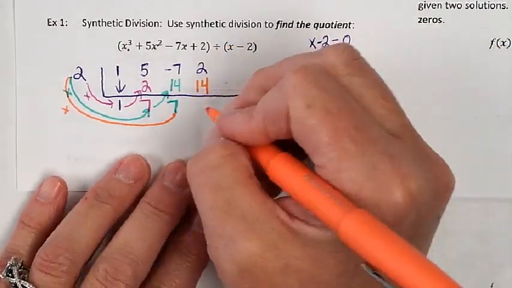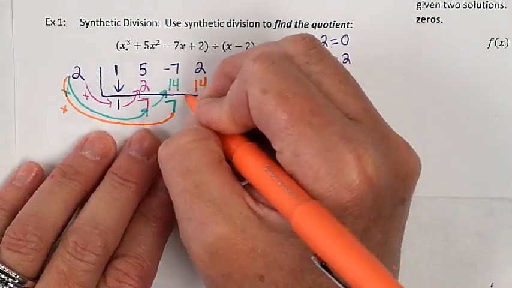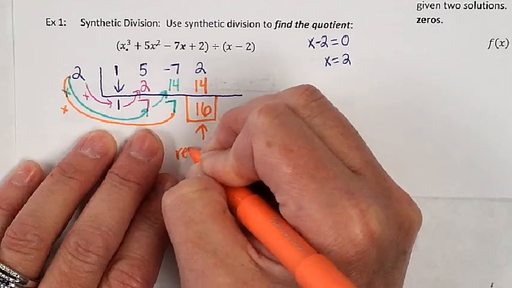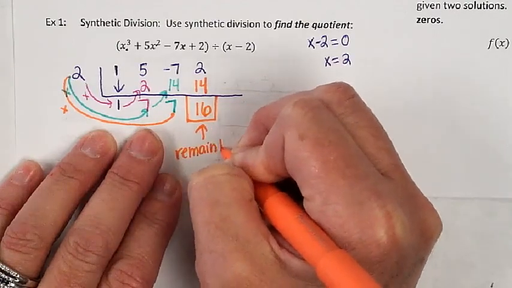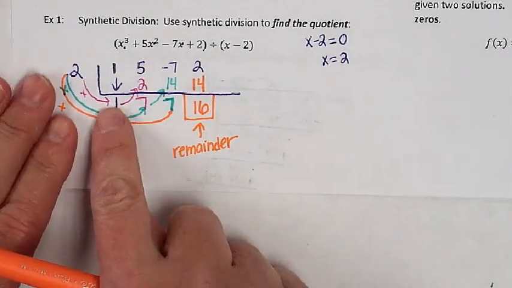This last box here is always your remainder. This down here is the coefficients of your answer, and then the remainder.